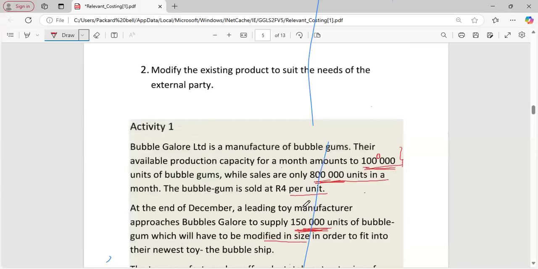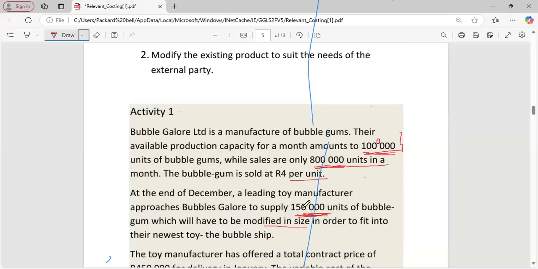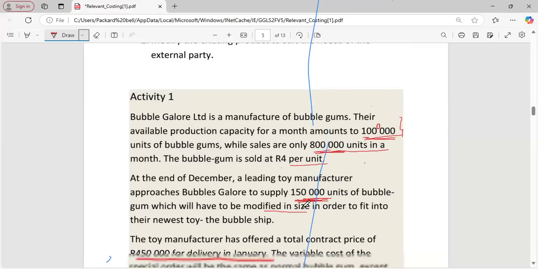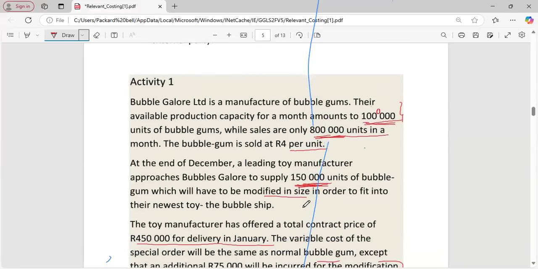Because in the exam, nobody is going to tell you that this is relevant cost. That's the bad part of the question paper. They will not tell you this is relevant cost. They will just say assess whether they should accept the order or not.